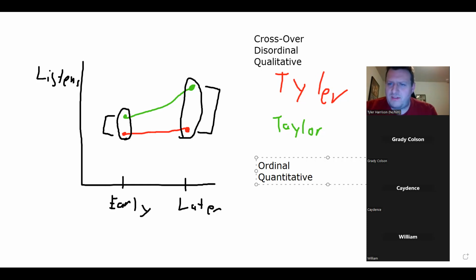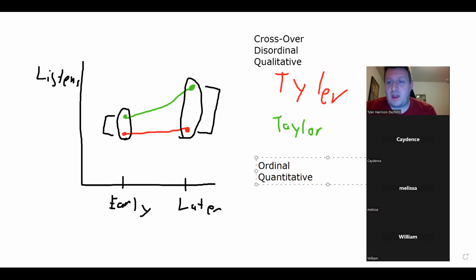Is that helping, Melissa? Is there something else I can do here to help you out? Yeah, so just to clarify, the crossover and then the quantitative, those two both have some sort of interaction effect. Both of these are interactions, right? Yeah.